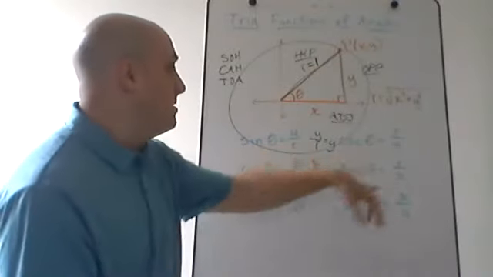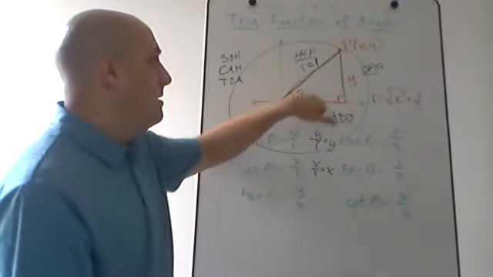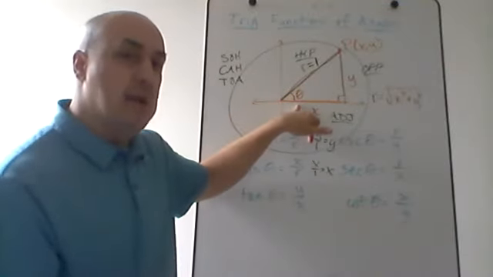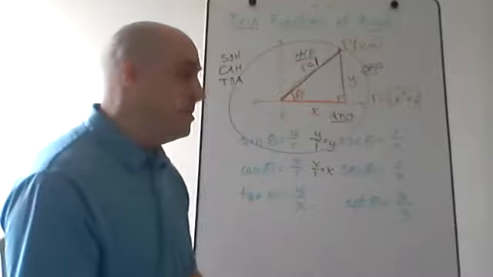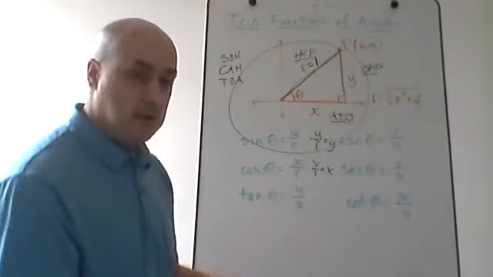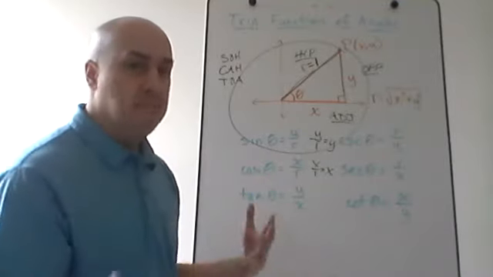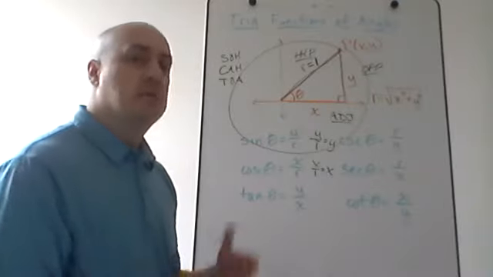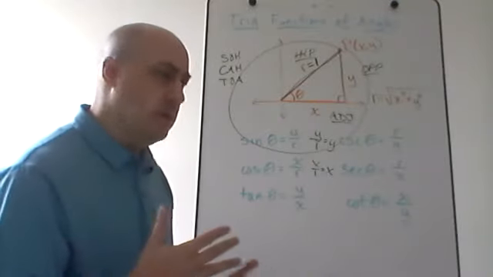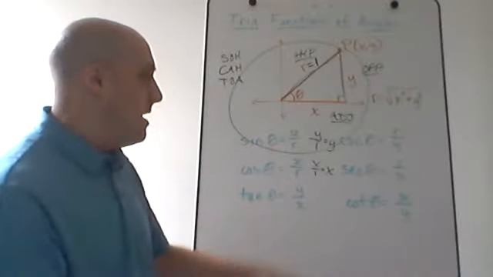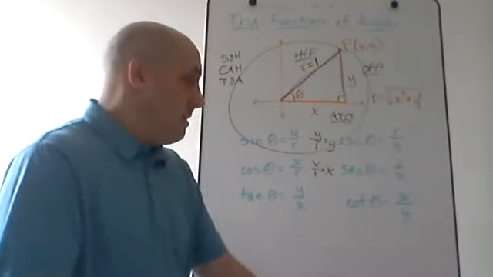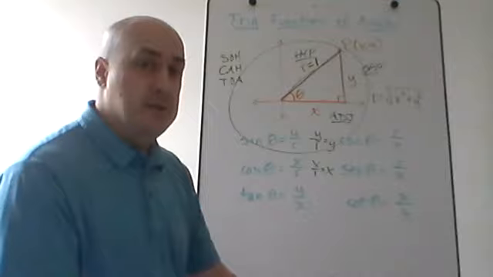And then these definitions up here are when I have an angle in standard position and I know a point on that terminal side, then I can use these definitions to figure out the sine, cosine, tangent of the angle. So they all mean the same thing, just in different contexts, coming from different perspectives, basically. All right, so that's my explanation of these third and new definitions of the trig functions.